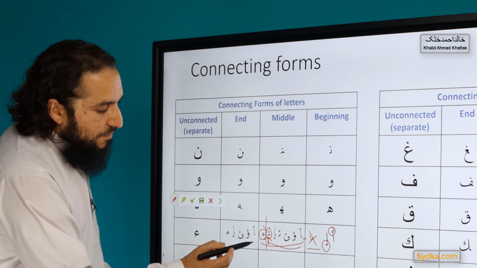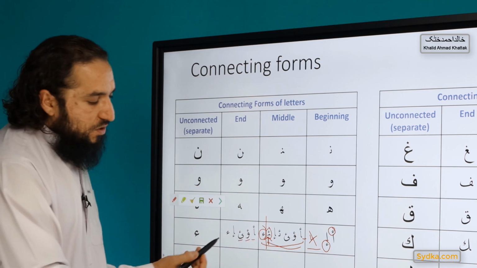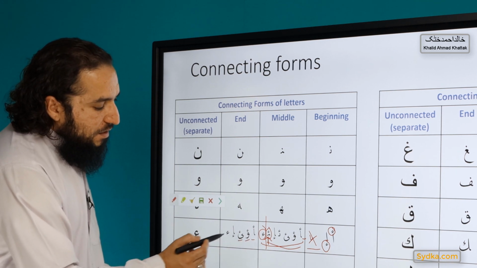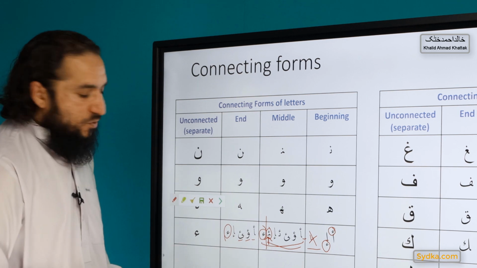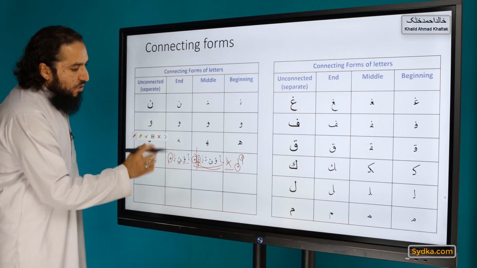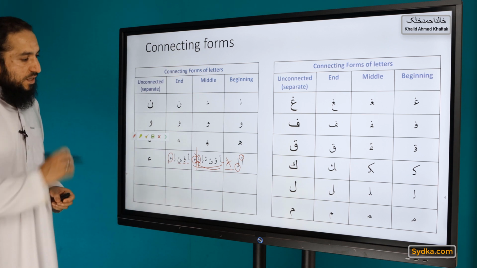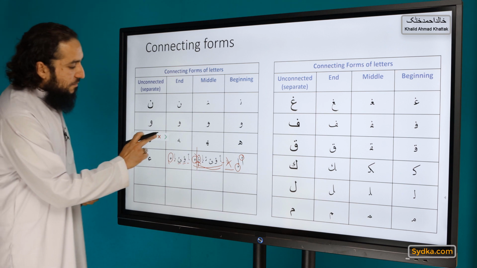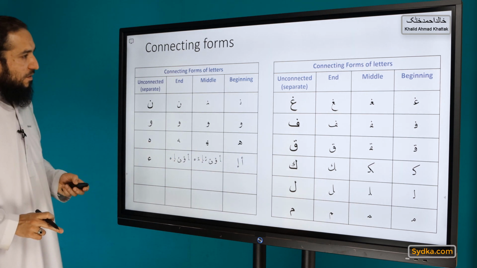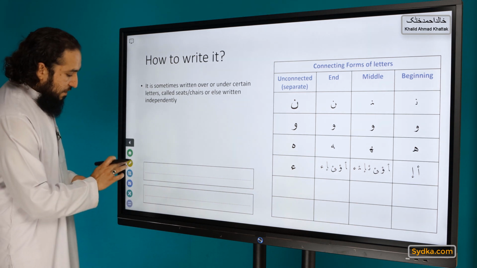Similarly, if you see here, it uses the other letters as a chair or seat, and it can be written independently as well. So you will see the uses of these chairs in Quran text. Okay, how to write it? Let me explain that.